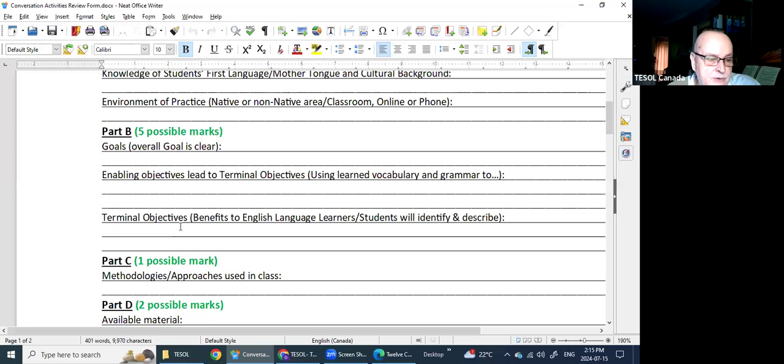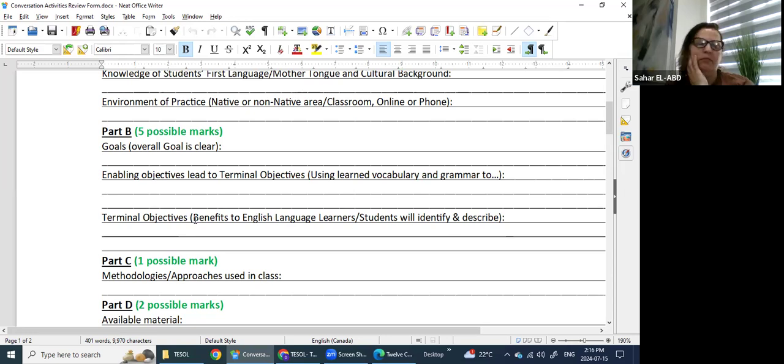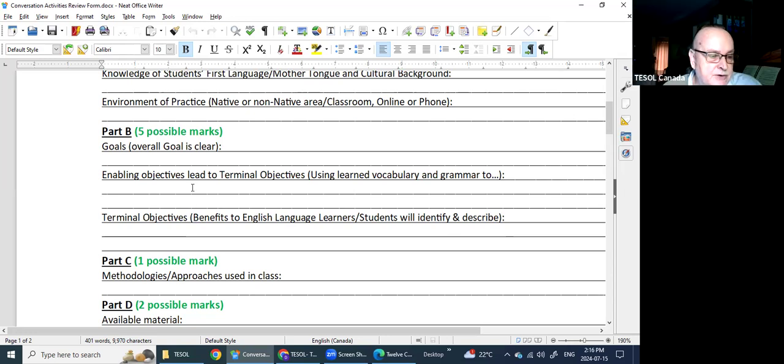The terminal objectives are the benefits to the English language learners or students and how they will identify and describe their learning experience. So the benefits to the student at the end of the lesson, what has the student learned? That's the benefit for the student. That is the terminal objective. So that's the difference between enabling and terminal.